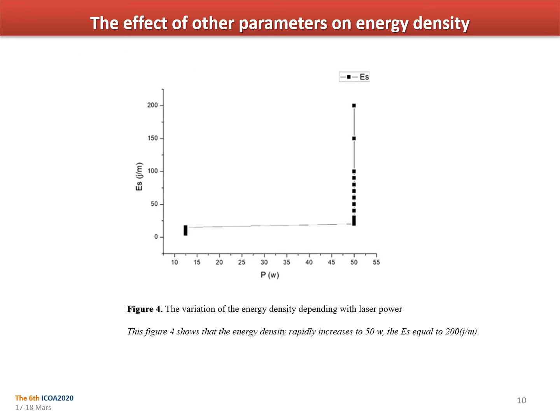As the second result of this first case study, figure 4 shows the variation of the energy density depending on laser power, and this figure shows that the energy density rapidly increases at 50 watts and an energy specific equal to 200 joules per meter.